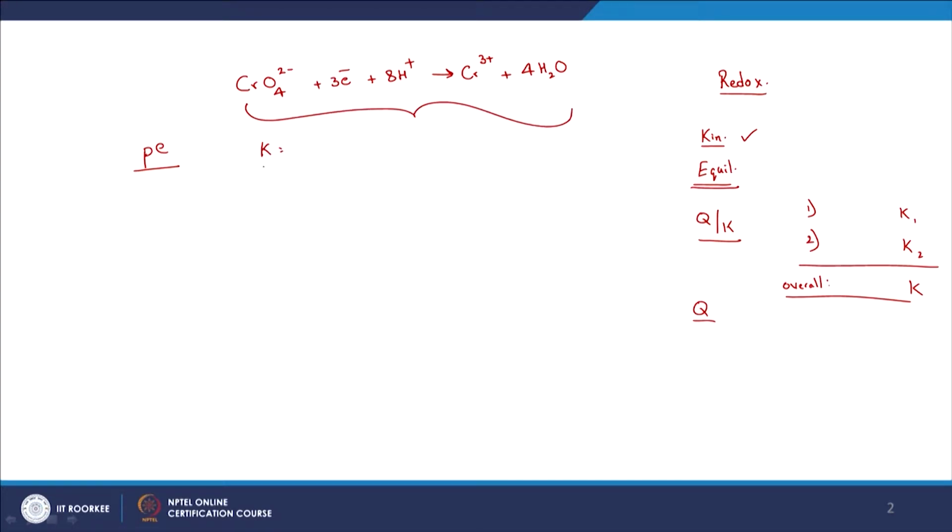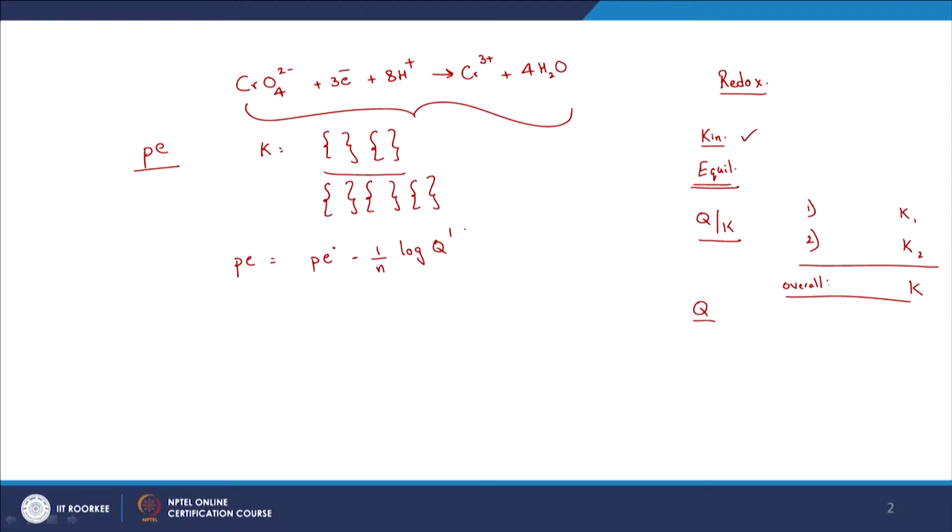We looked at the equilibrium coefficient: the activities of the products raised to their stoichiometric coefficients, divided by the activities of the relevant reactants. We plugged it in and transformed the equation such that we end up with PE equal to PE naught minus 1 by n log Q dash.